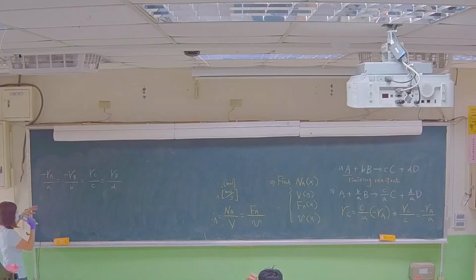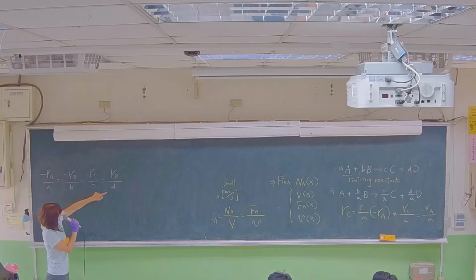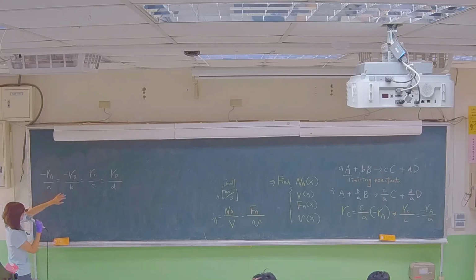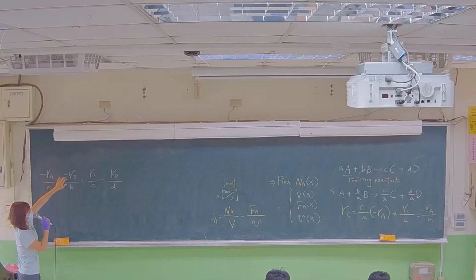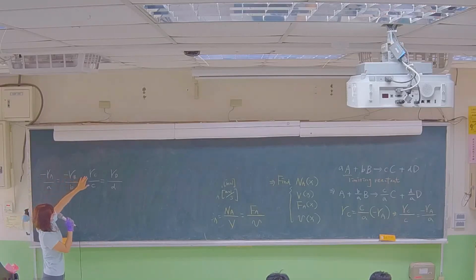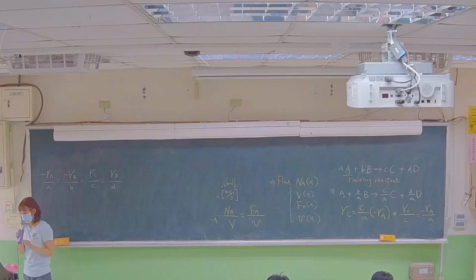You just put the corresponding coefficient here, and put a minus sign for the reactant and positive for the product. So that's the relation between these four species. Okay, so let me finish the last example.